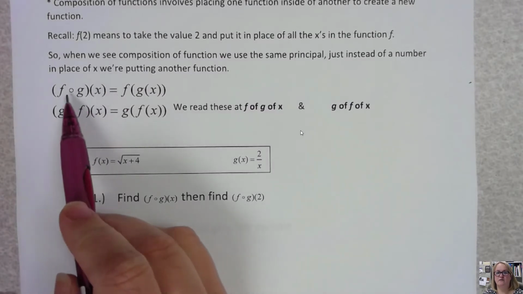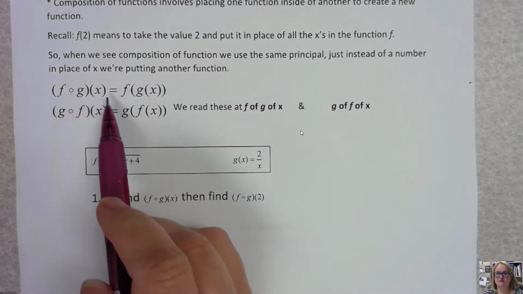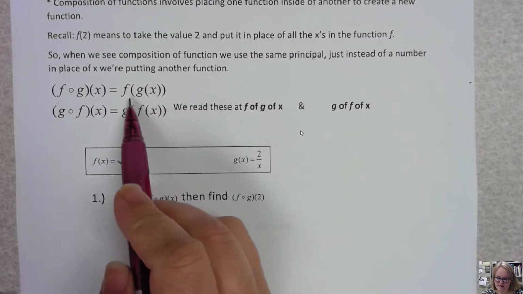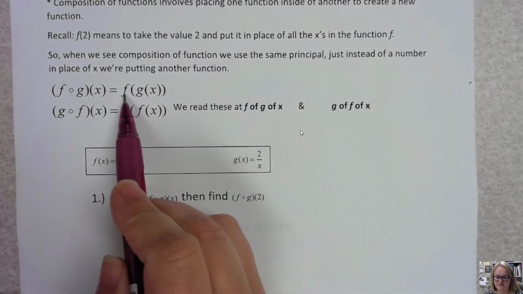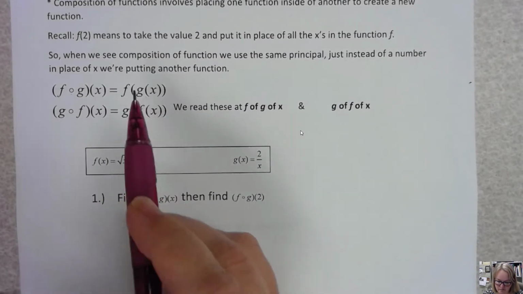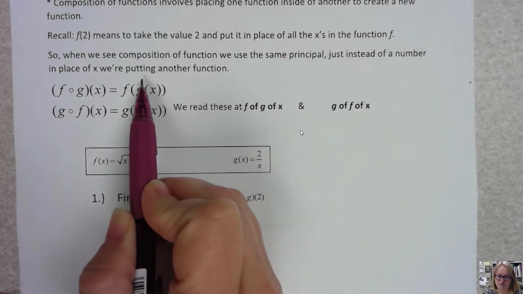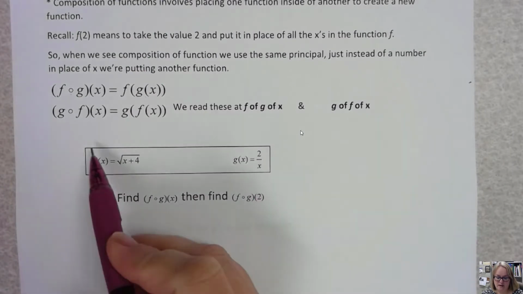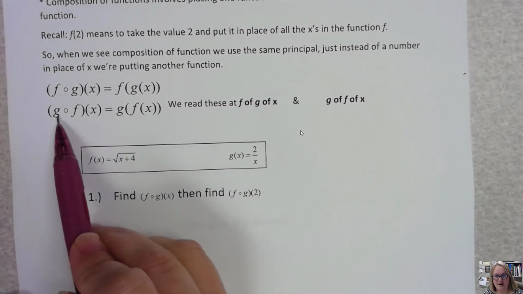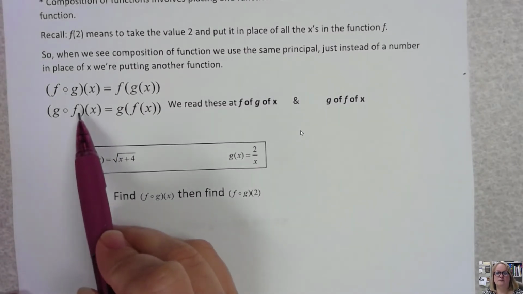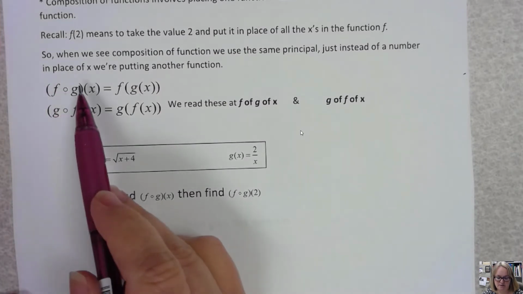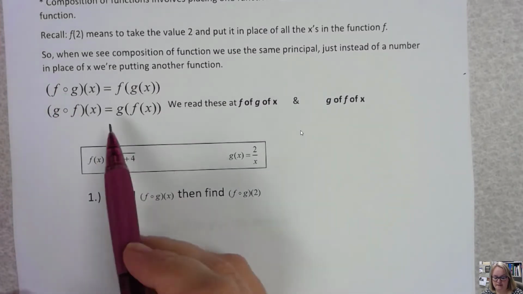F composition g of x, or you may see it written as f of g of x, means to take the function g and fill it into the function f. This would be read as f composite g, g composite f. That's how we would read it.